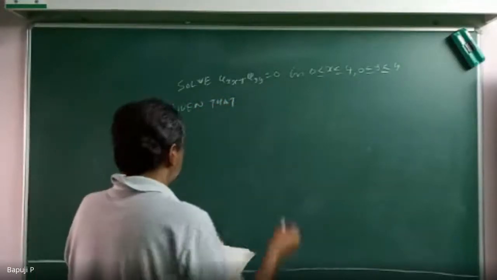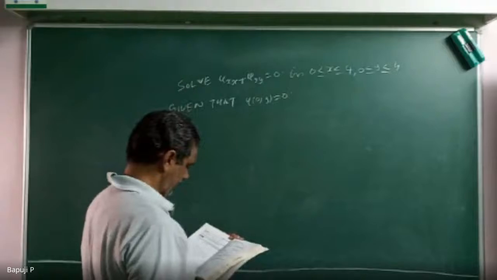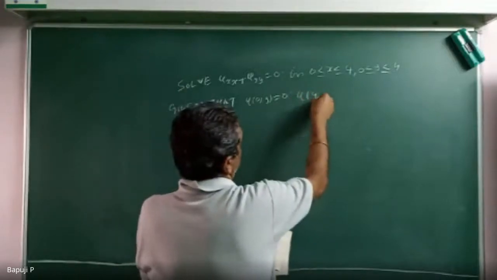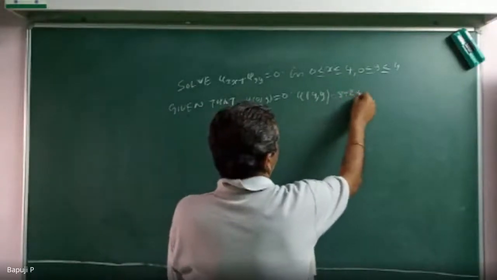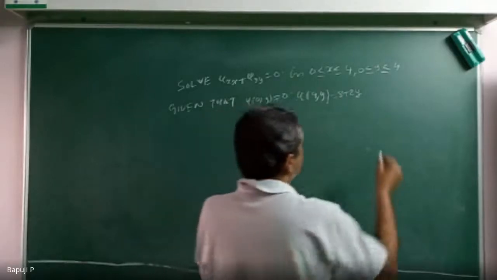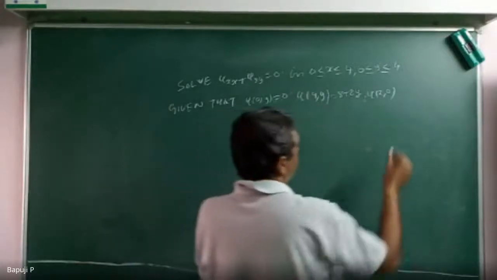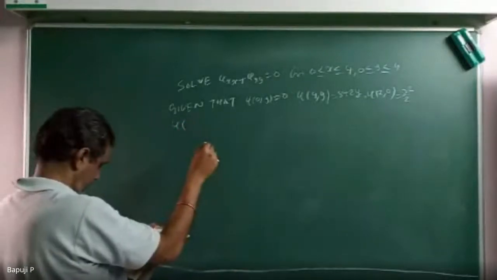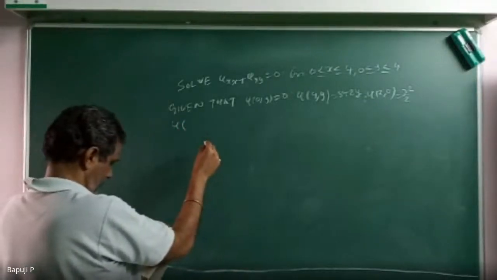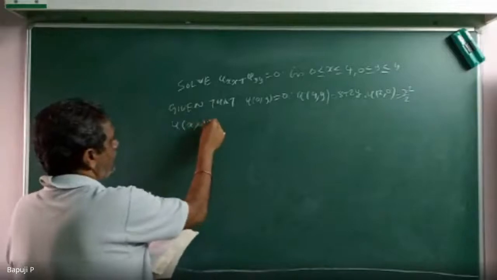Given that U(0,y) is equal to 0, U(4,y) is equal to 8 plus 2y, U(x,0) is equal to x squared by 2, and U(x,4) is equal to 2.